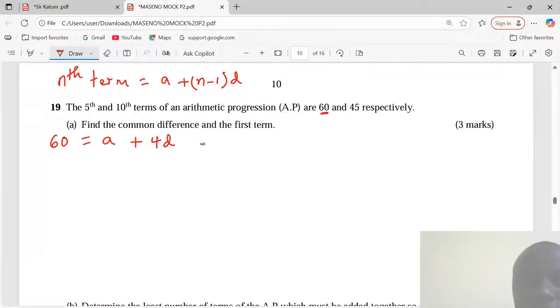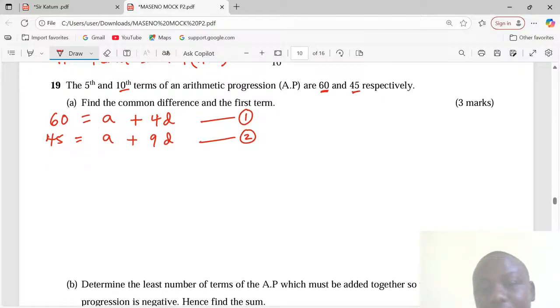So this is the first equation. Next, we would say the 10th term is 45. So 45 equals the first term plus, this being the 10th term, n is 10 minus 1, which is 9, then times d.